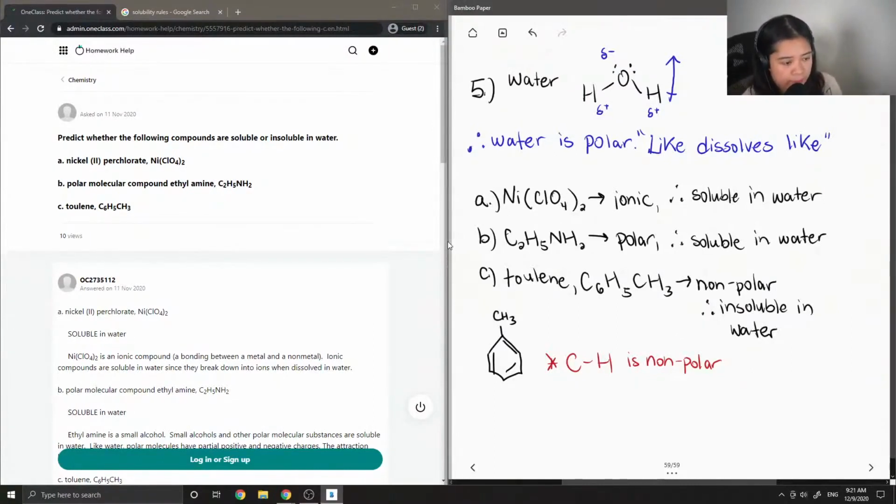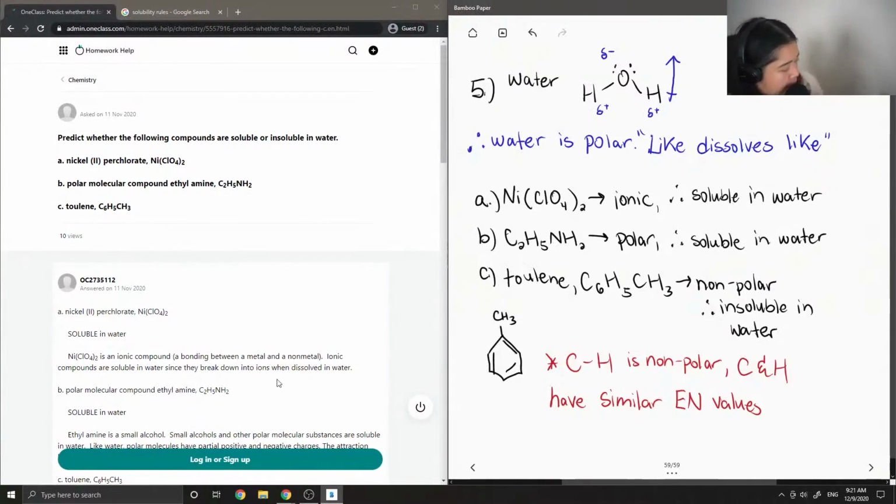So therefore, most hydrocarbons that don't contain any electronegative atoms will be nonpolar. Okay, so I just wrote that the carbon-hydrogen bond is nonpolar, since carbon and hydrogen have similar electronegativity values.